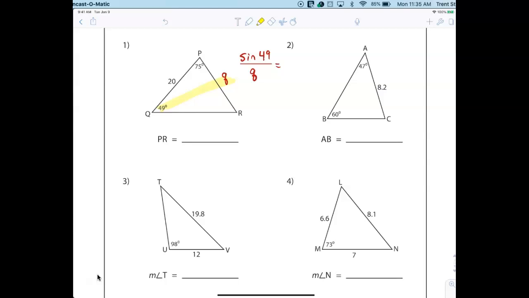What other side is known? 20. So if I'm going to use 20, I need R. Well, we got to figure out what R is first. No, we got to figure out what the angle is.